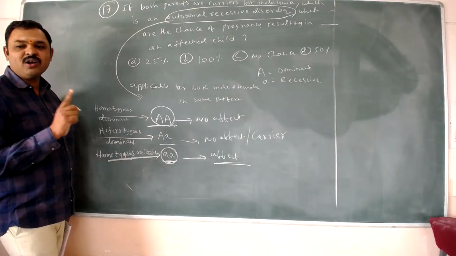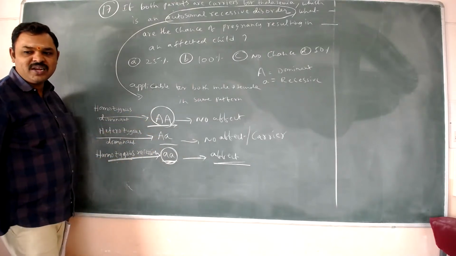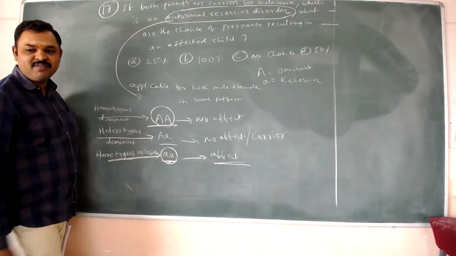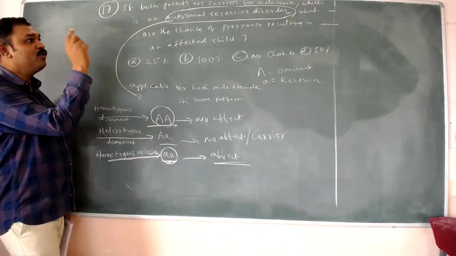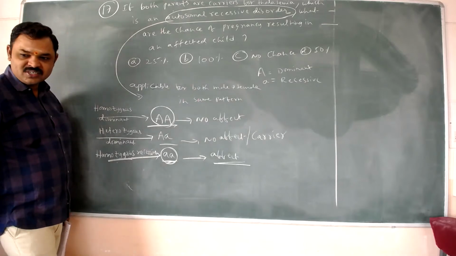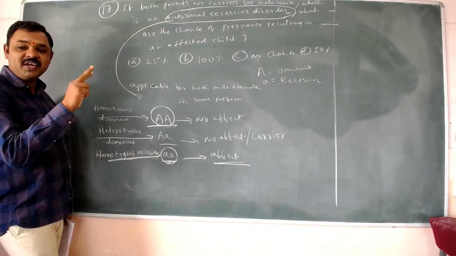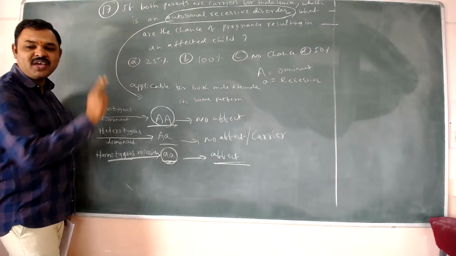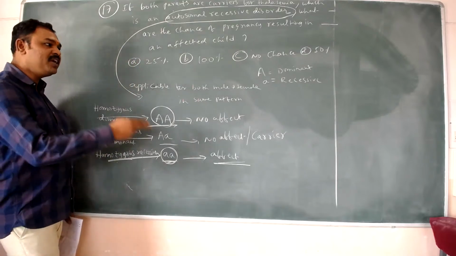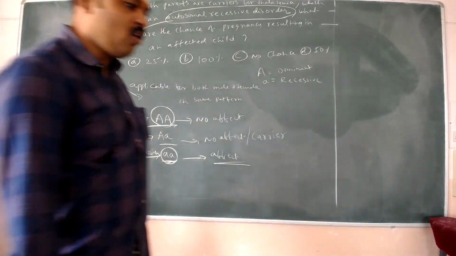In autosomal recessive disorder, one dominant allele and one recessive allele are considered carriers. So what is the question? Both parents are carriers, male is a carrier and female is a carrier, and mating happens between them. What is the chance of the progeny having thalassemia? So we can make a cross here.